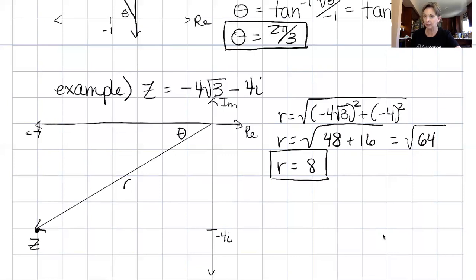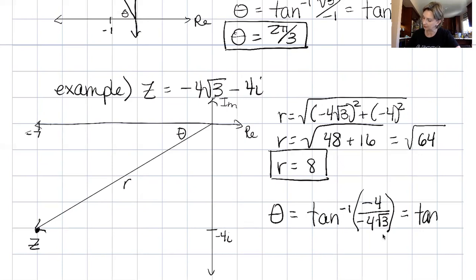Okay, now we've got to figure out the argument, or the angle. Okay, and it's the inverse tangent of y over x. Okay, so our y is -4. Our x is -4 square root of 3. That simplifies a smidge, right?